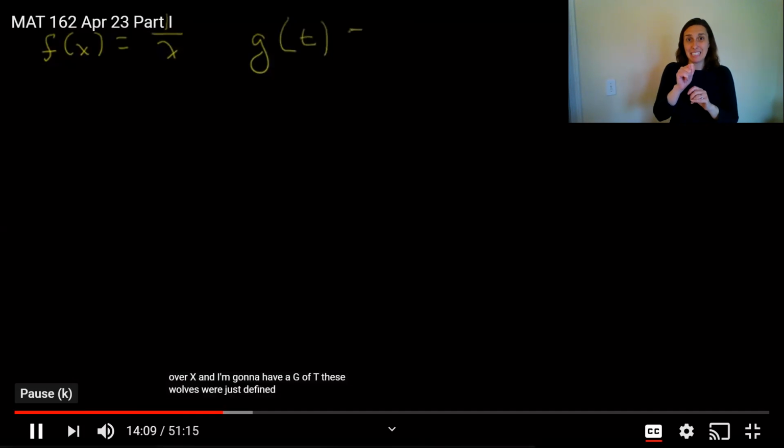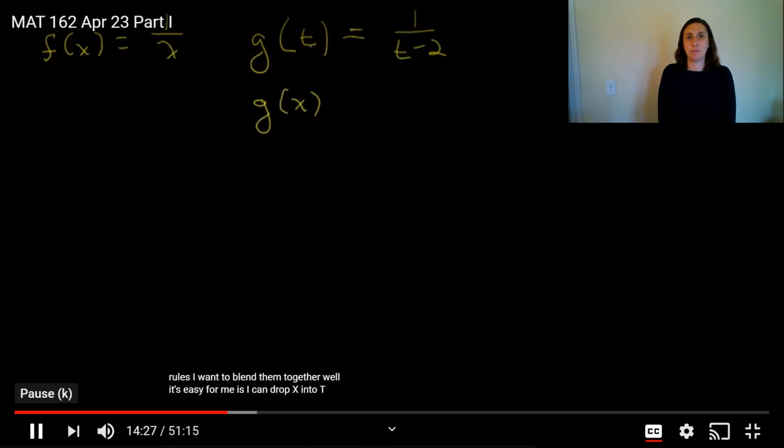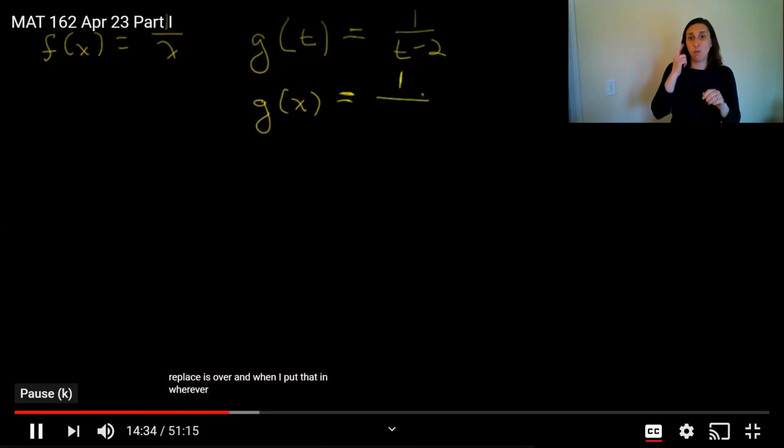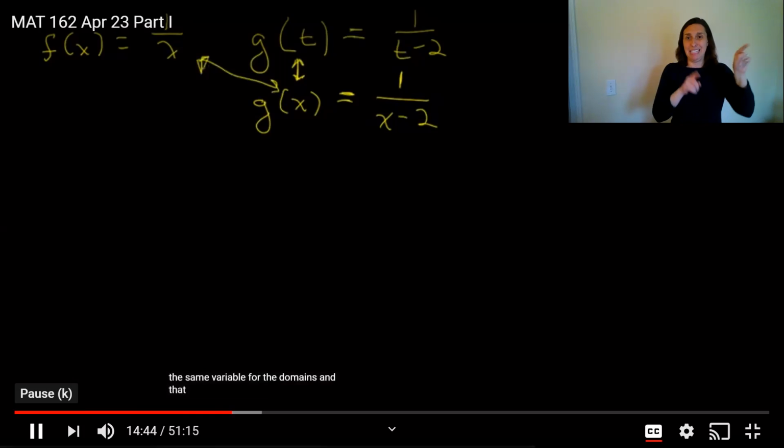These rules are just defined slightly differently, which is 1 over t minus 2. Now, this is just how I wrote down these rules. I want to blend them together. Well, it's easy for me as I can drop x into t. Right, whatever I put in the parentheses replaces over. And when I put that in, wherever I see t, I replace it with x. So I've changed the variable so that they have the same variable for the domains. And that is acceptable.